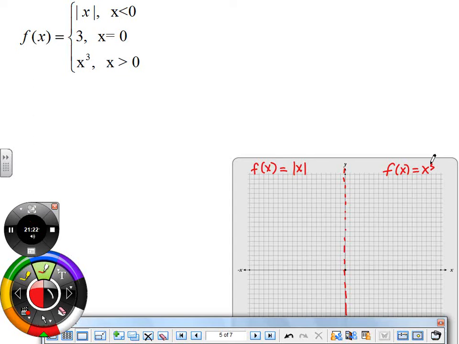So x is less than 0, we're going to have absolute value. X is greater than 0, we're going to have x cubed. Okay? And then right here when x is equal to 0, neither one of these has a closed endpoint. Both of them are going to have an open endpoint because neither one of those equations had x equal to 0 included in it. But the middle one says when x is equal to 0, what are we supposed to get? 3.